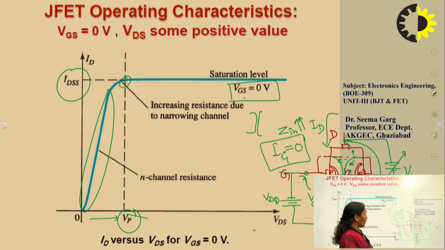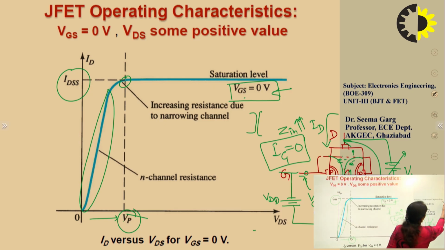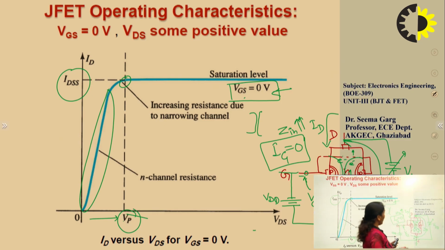Now, currently we are keeping VGS is equal to 0. What will happen if we increase the magnitude of this VGS also? So, in the next case, if you are taking VGS is equal to, let's say, because this is a reverse voltage, of course it will be -1 volt.